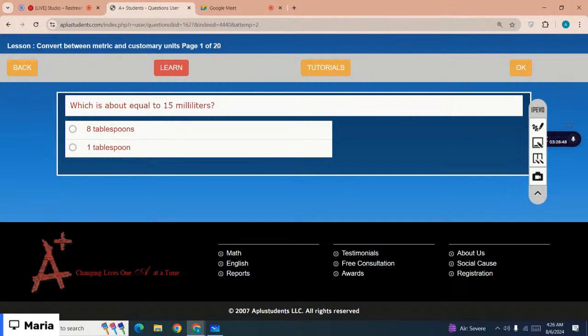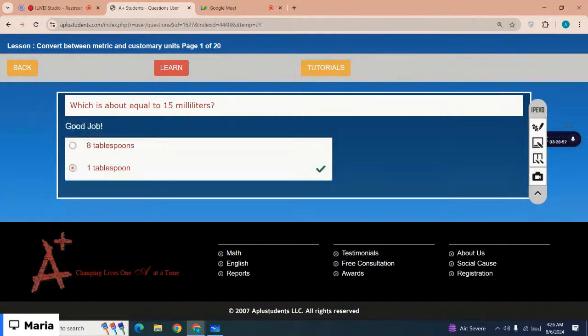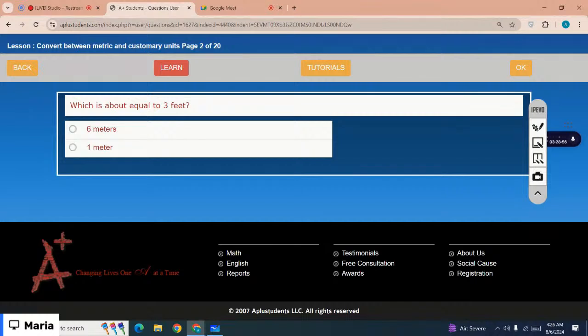Hmm, 1 tablespoon it is. The correct option is 1 tablespoon, which is about equal to 3 feet. So which is the correct option? 1 meter, 6 meter?